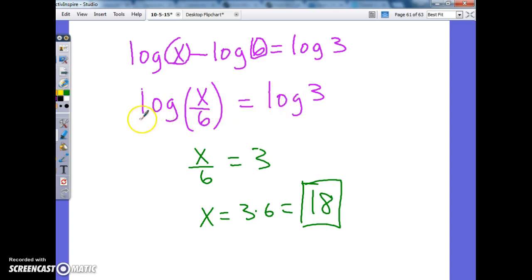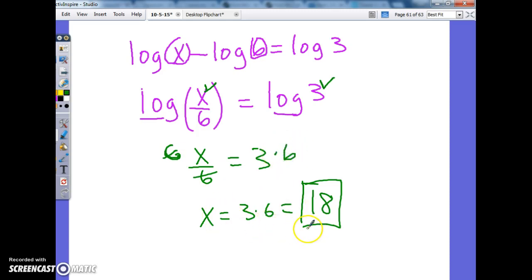Equals log of 3, and I've got log on both sides. Log equals log. When you have this situation, this equals this. So x over 6 equals 3. If log of this equals log of that, then this equals this. So x over 6 equals 3, and you just multiply both sides by 6. That cancels out, and 3 times 6 is 18.